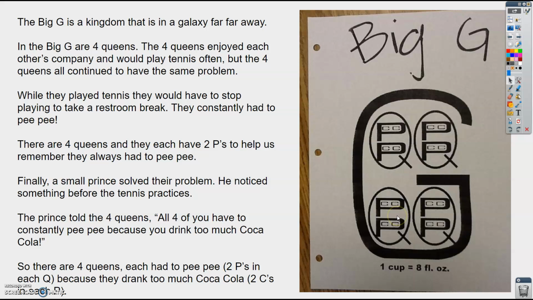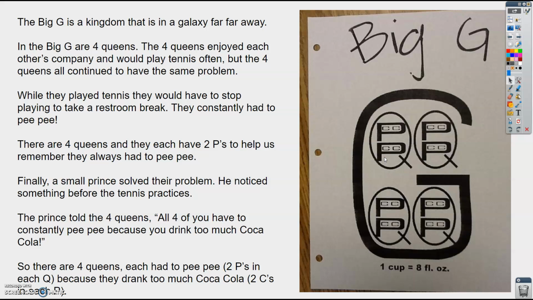But they all had the same problem. While they played tennis, they would have to stop playing to take a restroom break. They constantly had to pee-pee. There are 4 queens, and they each have 2 P's to help us remember that they always had to pee-pee.